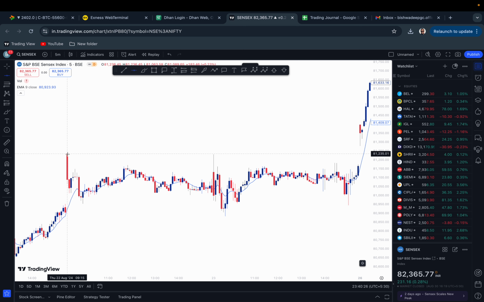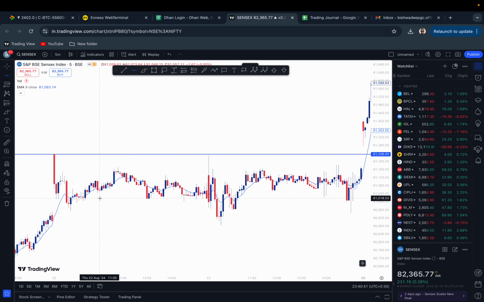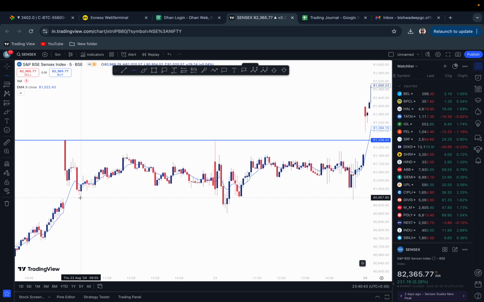This was my 22nd of August, the starting candlestick. And it was the high candlestick that made. So let me mark this as resistance. Coming to another candlestick which formed the lowest point on 22nd of August.